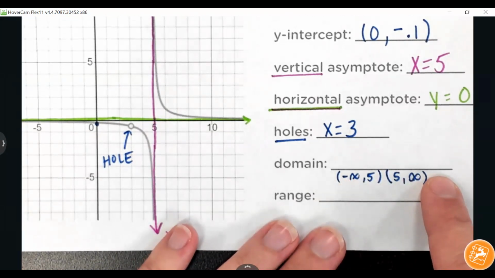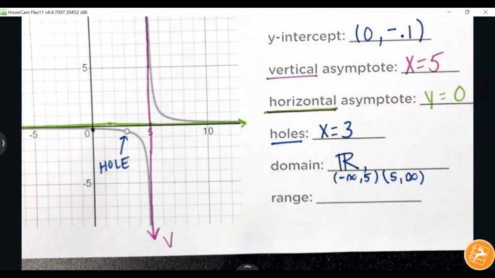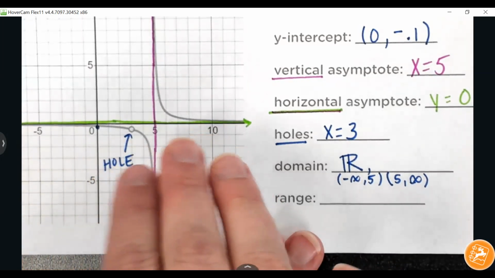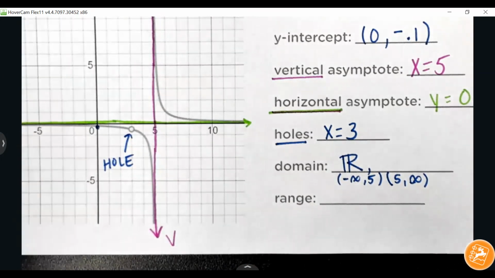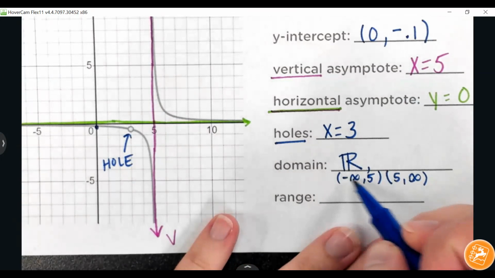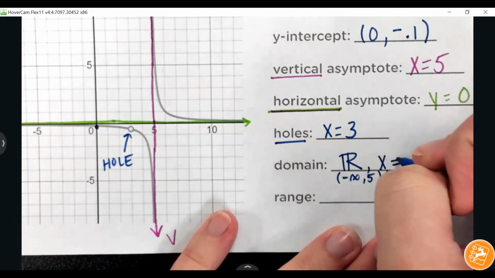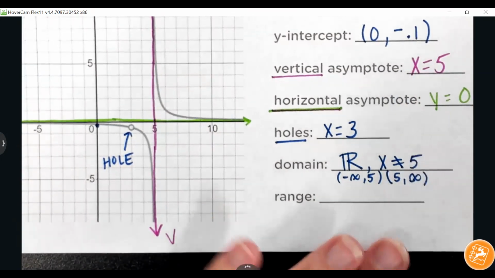What's that called? All real numbers. So my graph is all real numbers. But when I do my domain, what number can my domain not be on? 5. Why can it not be on 5? Because my asymptote is right there. So I'm going to say it's all real numbers, but x cannot equal 5.